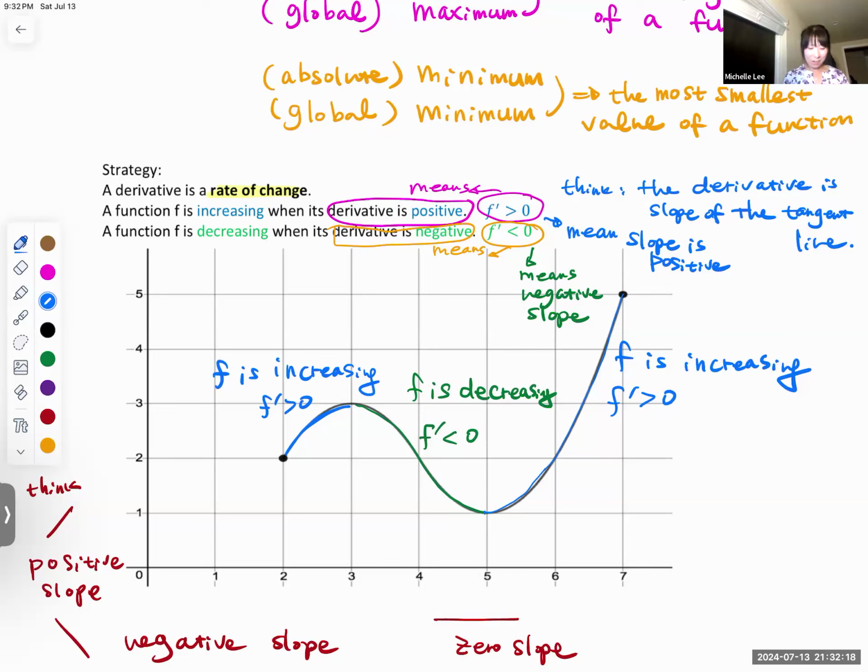Okay, now look, this is a positive slope, right? Look, this is a negative slope. Everything is negative, yeah? Positive, positive, negative slope.